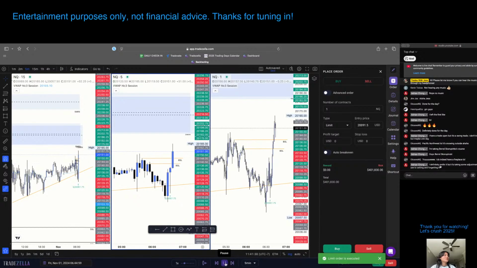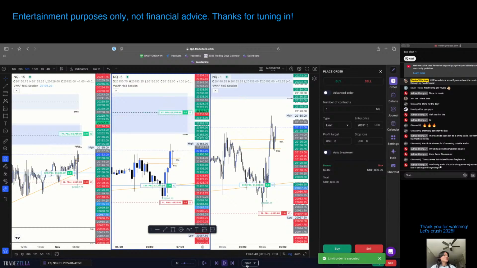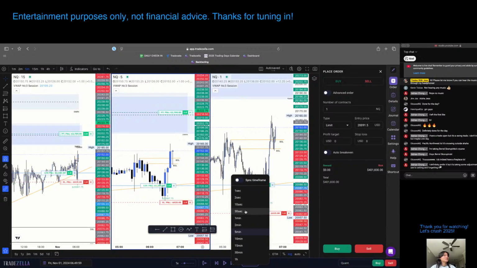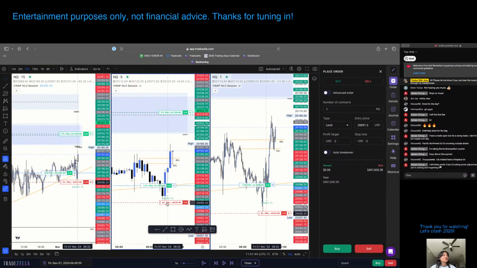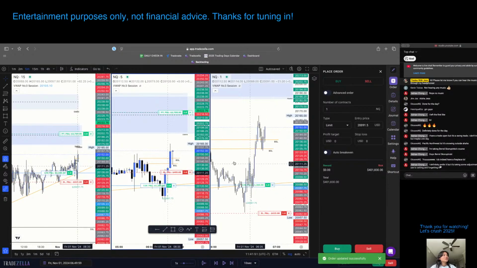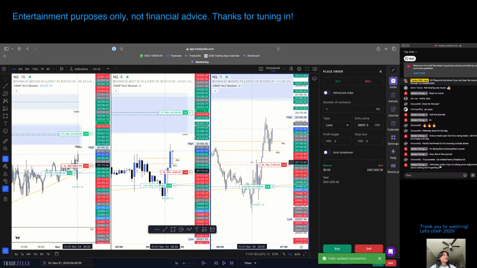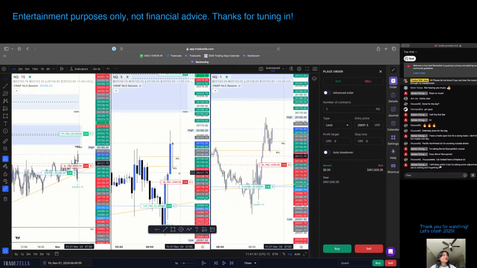Okay, cool. Okay, oh, it's on 5 minutes. We'll do 10 seconds again. And then we'll trail from here. So we broke out of this thing, right? And then we'll trail our stop loss because we hit 1 and 2 technically, right? So we would trail below this 5 minute, basically.